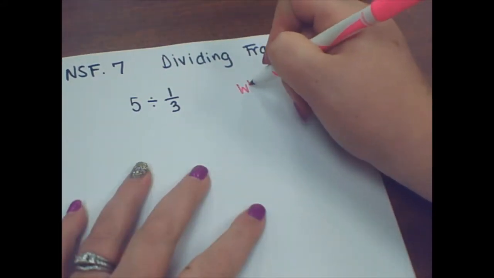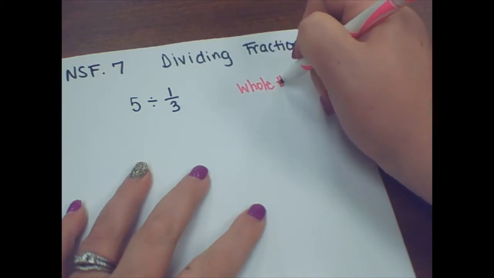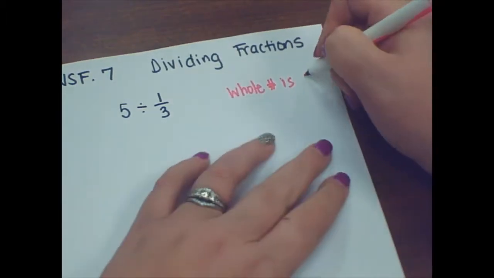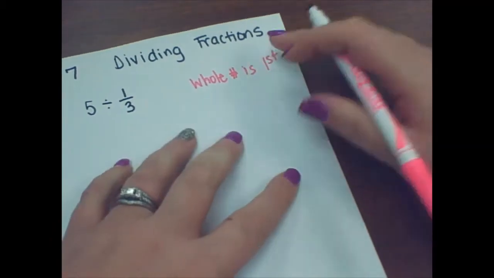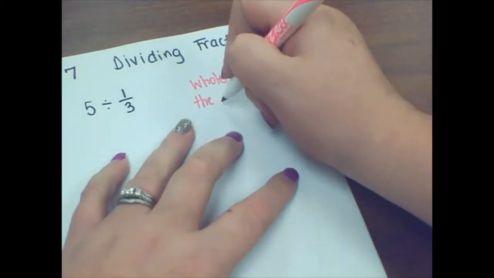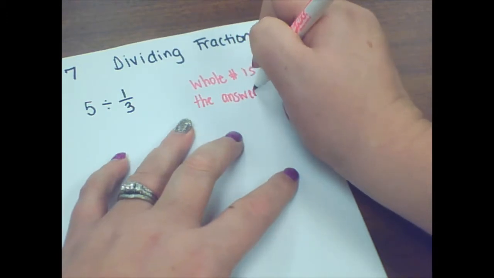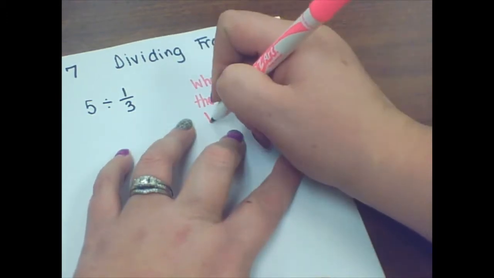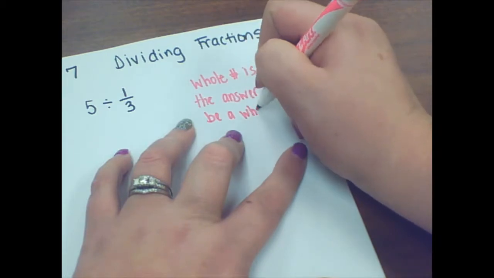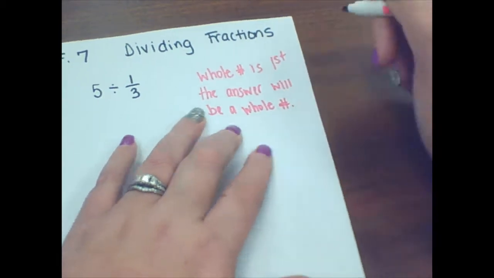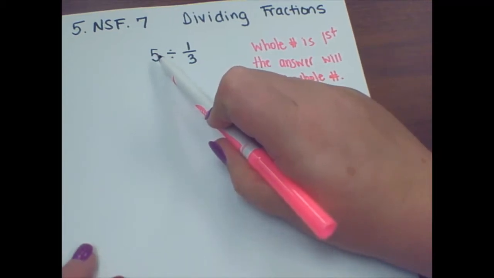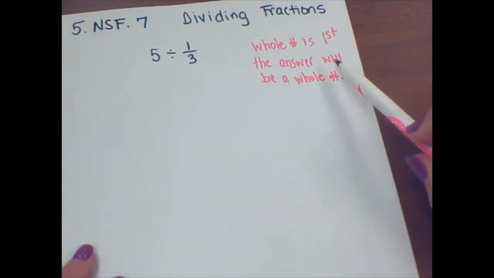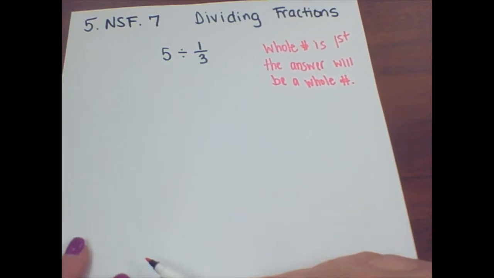If a whole number is first, so the whole number comes before the fraction, the answer will be a whole number. Okay? So the 5 is first, which is a whole number. So the whole number is first, the answer is going to be a whole number. Okay? So keep that little hint.